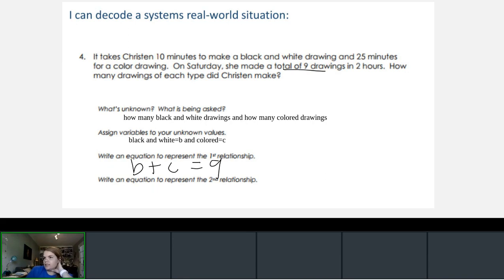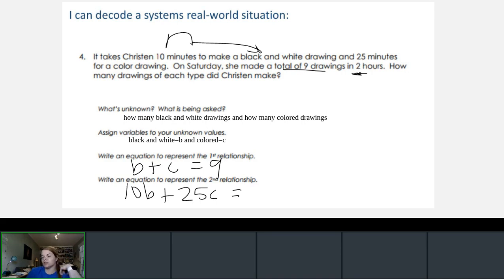Now, this next one is where we get a little bit tricky. So we know that it takes 10 minutes for a black and white. So that would be 10B, 10 minutes, plus 25 minutes, 25C. And we know that it took her 2 hours to make all of those. However, we cannot just put 2 because everything else, 10 is referring to minutes. 25 is referring to minutes.